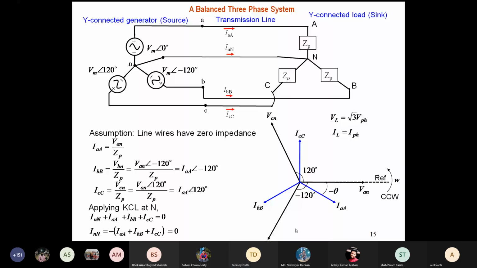Okay, sir. If the neutral current is 0, then what is the significance of connecting it? It will not obviously always be 0. This is a balanced system. For this very special case, it is becoming 0.